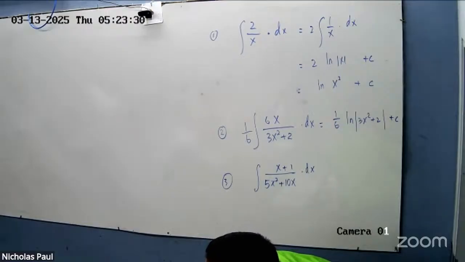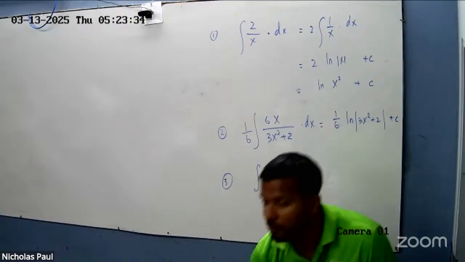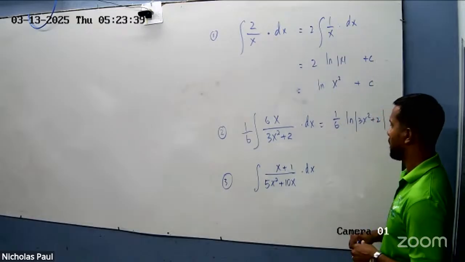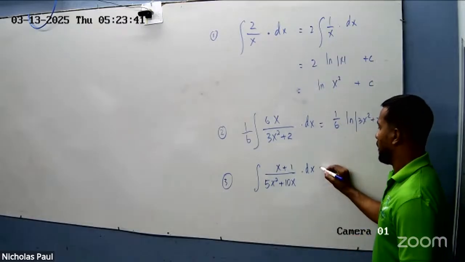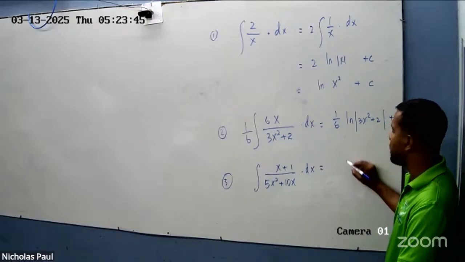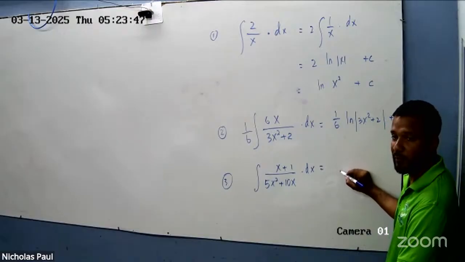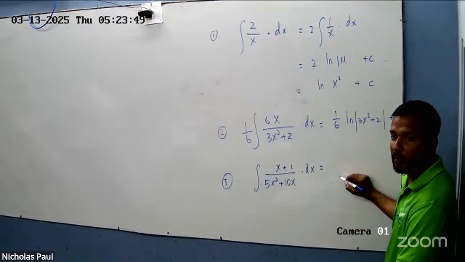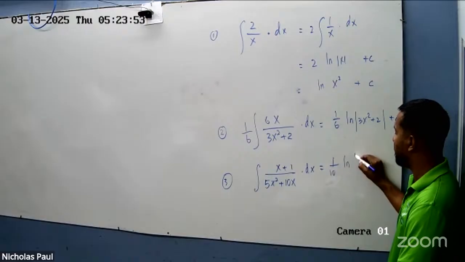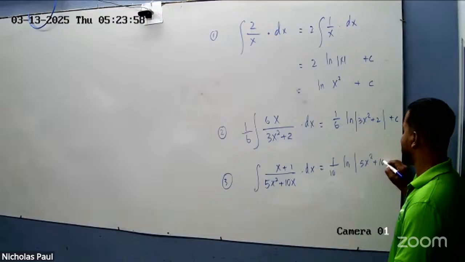Right, Sarah, good job. Darian, what did I get for this one? 1 on 10 ln of 5x squared plus 10x.